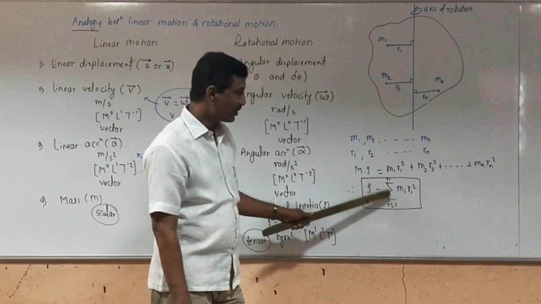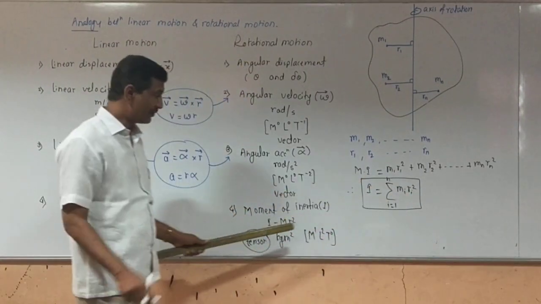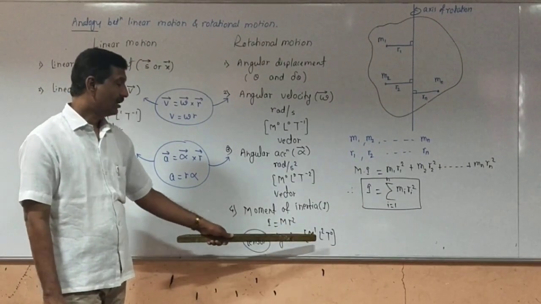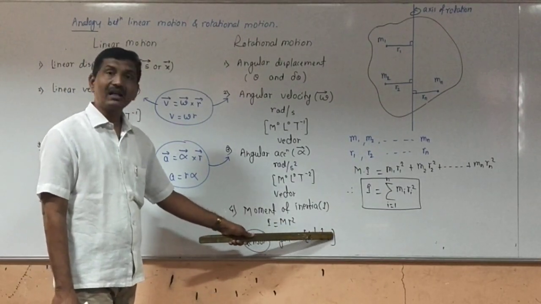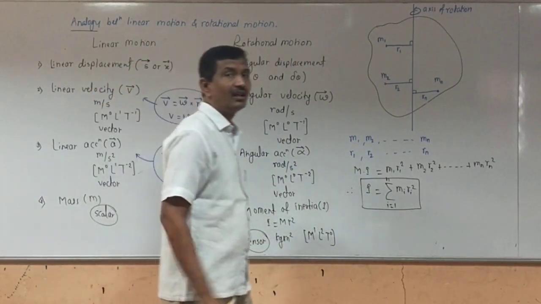Mathematically, I is equal to the summation over i equal to 1 to n of mi ri square. In short, we take I equal to m r square, hence its unit is kg meter square. Dimension is 1 in mass, 2 in length, and 0 in time. And it is a tensor, that is neither a scalar nor a vector.